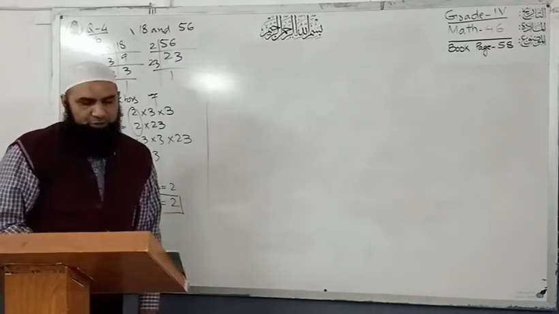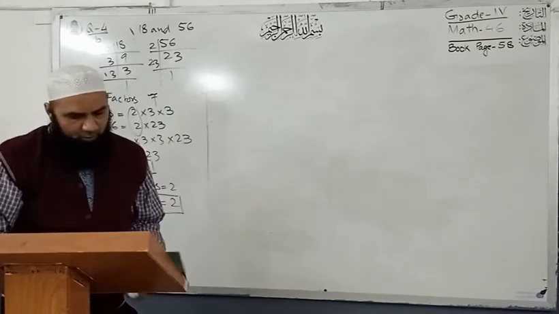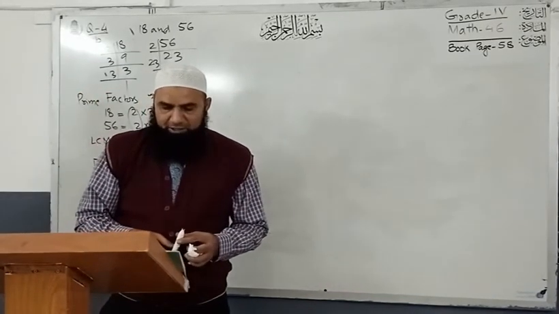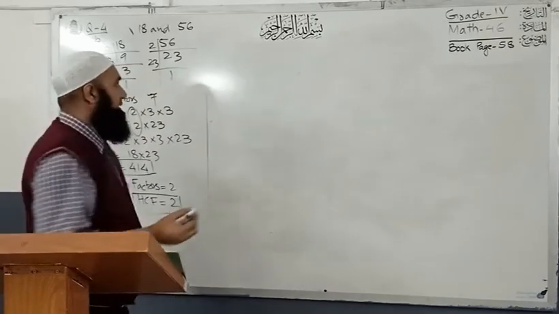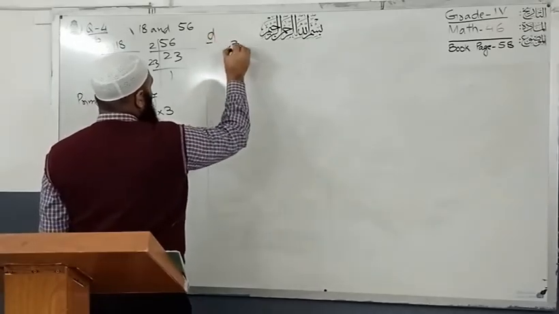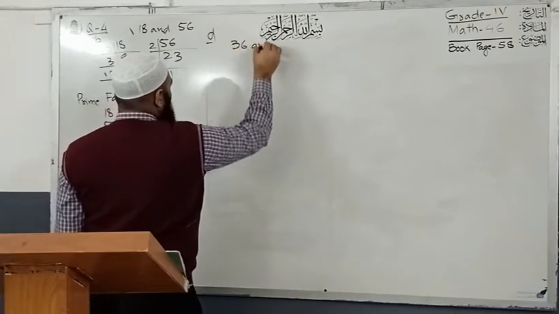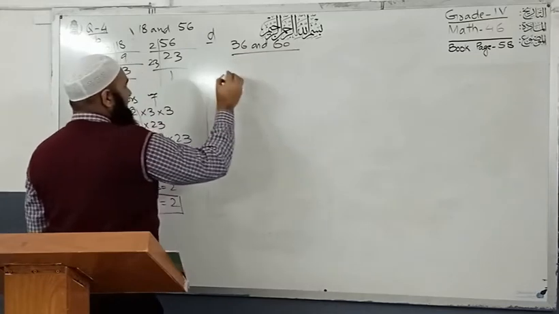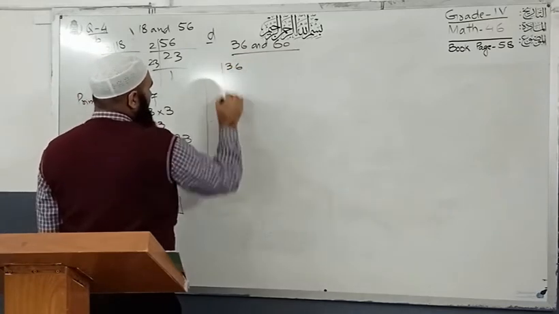Now, question number 4. Which part should I do for you? I'm doing D, 36 and 60. Now, we start dividing 36 by the lowest prime number, 2.